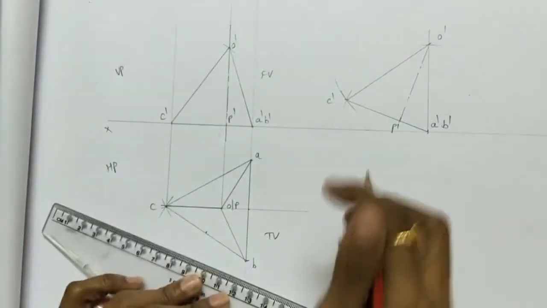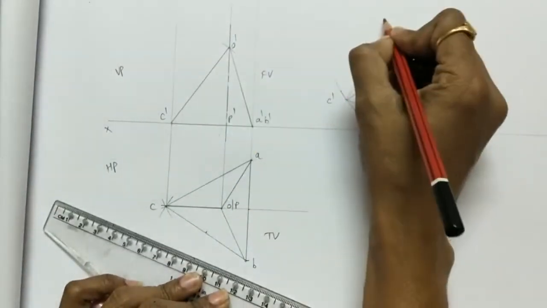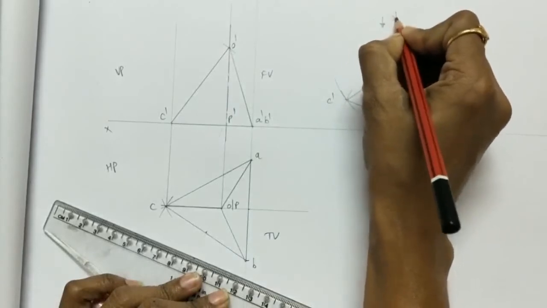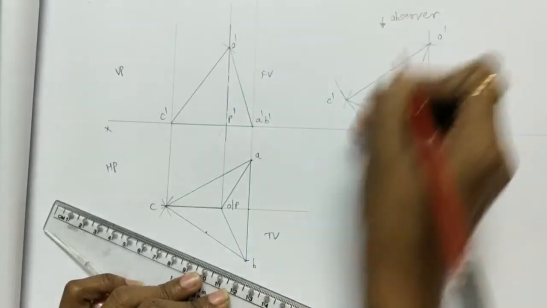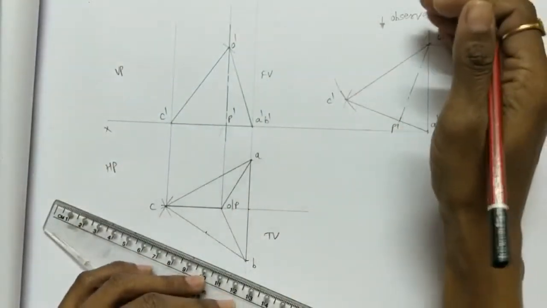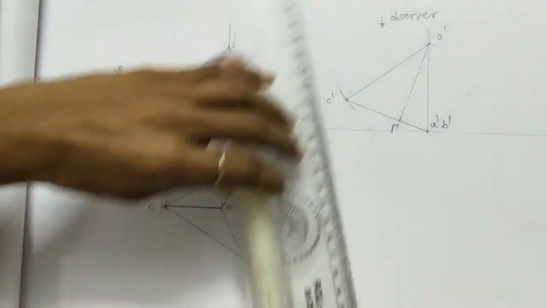Now the observer will see from the top. So this is the direction for the observer, because we will take projections from this front view downward.